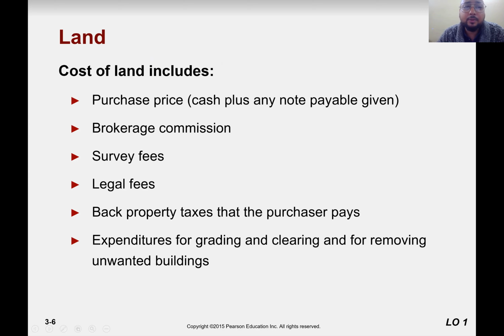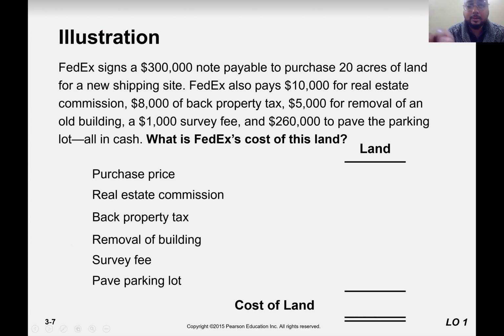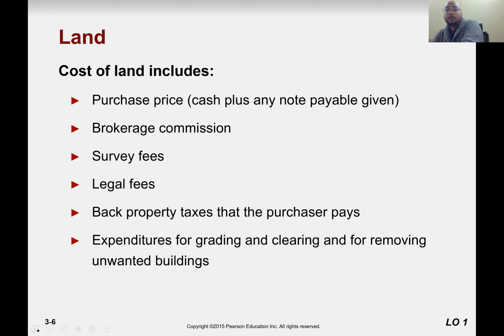So if you want to find out the cost of the land, the cost of the land would be the purchase price that you paid for the land, any commission that you paid to the property agent, and survey fees.